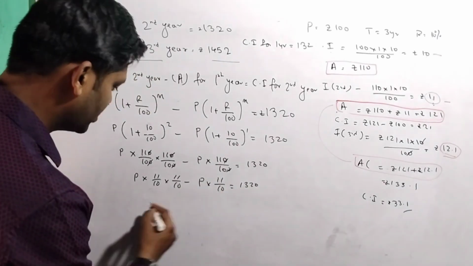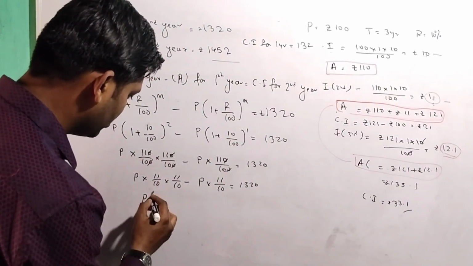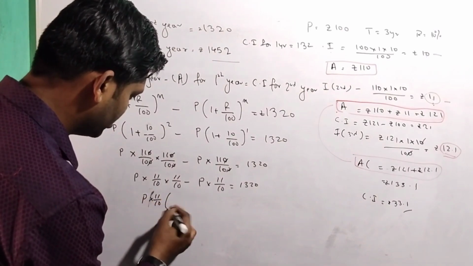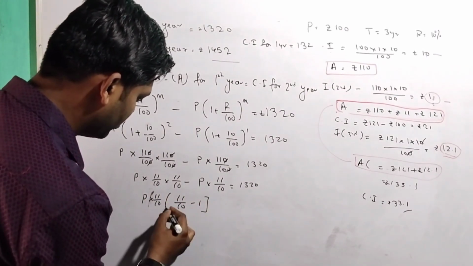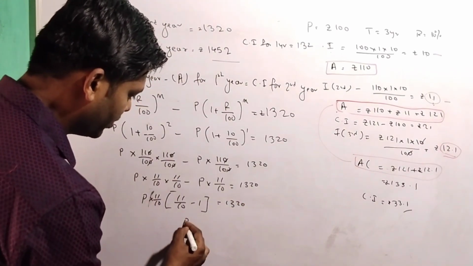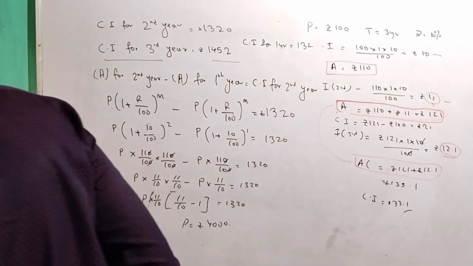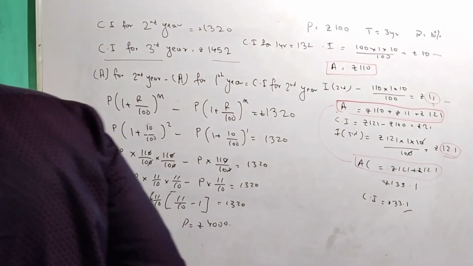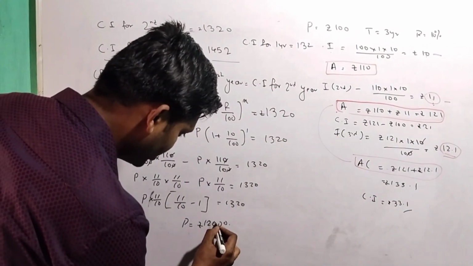Taking common P and 11 by 10, two factors remain in one term and one in the other. Do the calculation for P and you are going to get rupees 12,000.